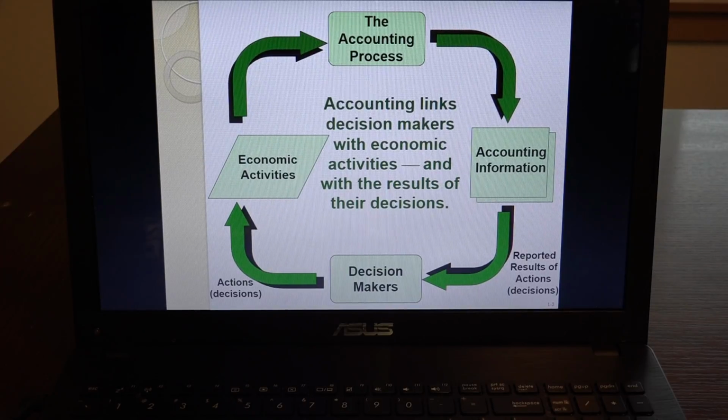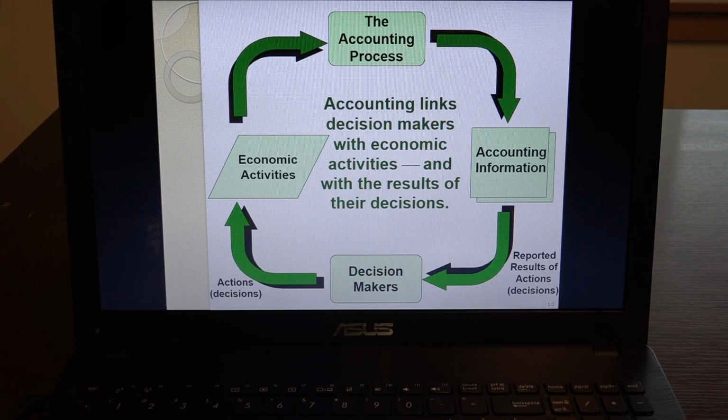But these concepts also apply to managerial, which is the second term class. And if you're majoring in accounting, you'll take tax accounting. So you'll see how this accounting process applies to those 2 types of accounting.